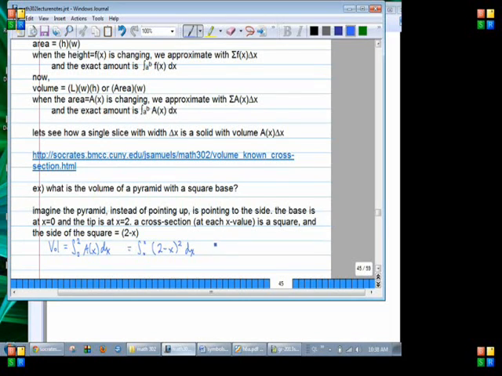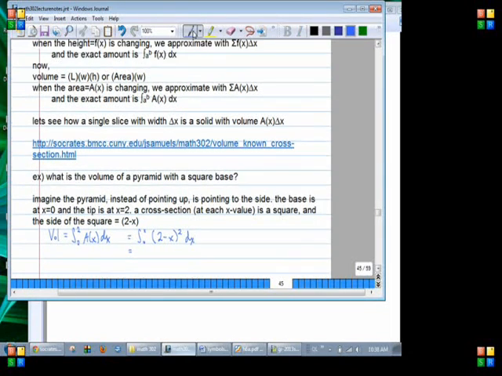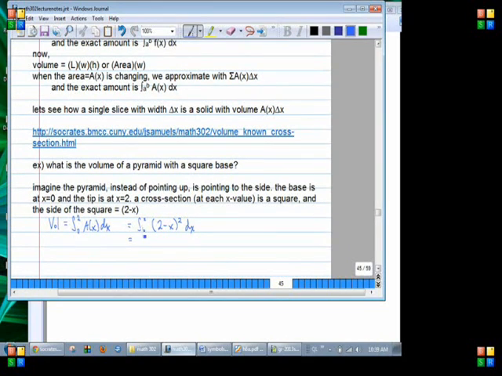We could do u equals 2 minus x, or we could just multiply it out. I think multiplying it out will be easier. So this is the integral from 0 to 2.